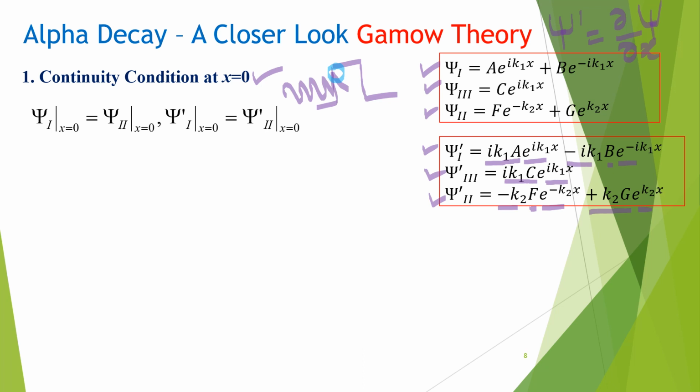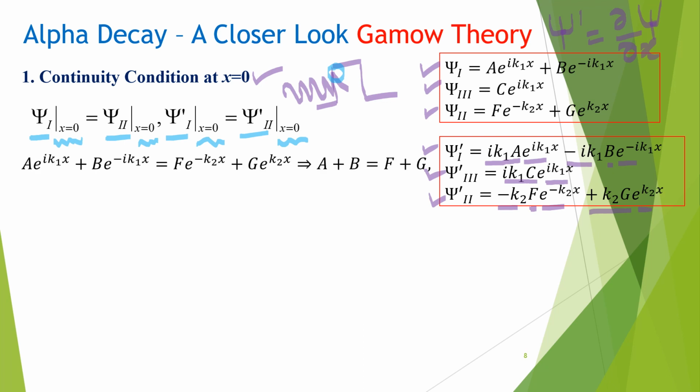For that, psi1 is equal to psi2 and its first derivative should also be the same, so that psi1 dash equals psi2 dash at x equal to 0, the boundary condition. So we are at the boundary between region 1 and region 2.